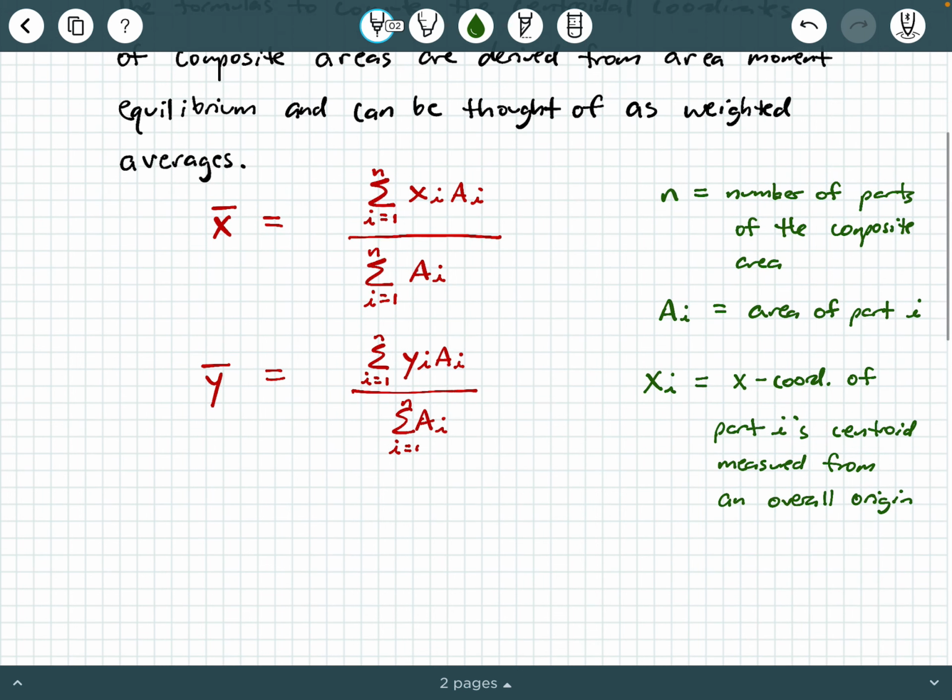It's the x coordinate of each individual part's centroid measured from an overall origin. What about y sub i? Well, that's going to have a similar definition. It's the y coordinate of part i's centroid measured also from an overall origin. All right, so that defines all of these terms.